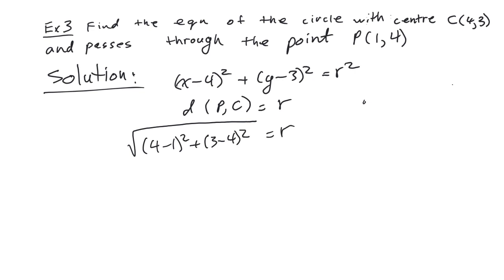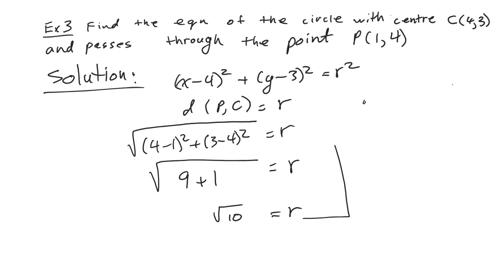So now that I've got that, I can simplify my square root. So we end up with 9 plus 1 because 4 minus 1 is 3, square it, 9. 3 minus 4 is negative 1 squared, it's 1. Add it. So we end up with r is equal to the square root of 10.